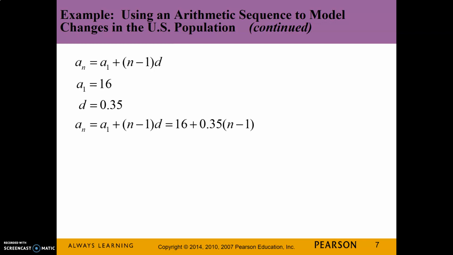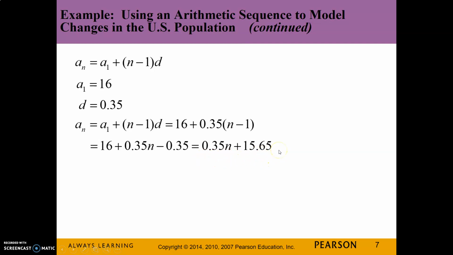So we can plug that in, excuse me, and simplify. But you're going to notice that in an arithmetic sequence, once you distribute this 0.35 to both the n and the -1, you're going to always combine a few like terms, and you should end up with some type of linear equation.